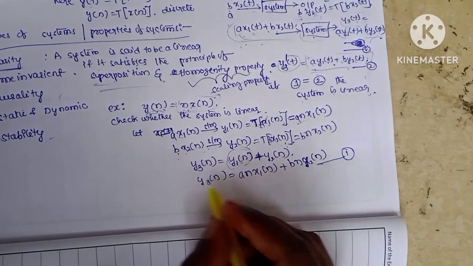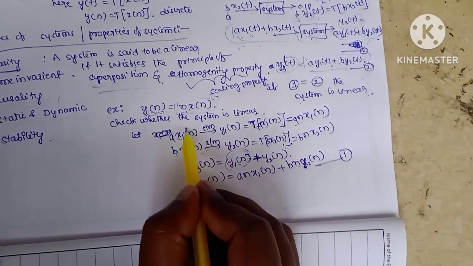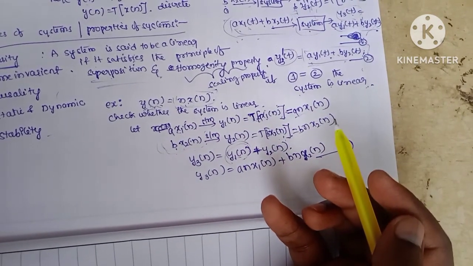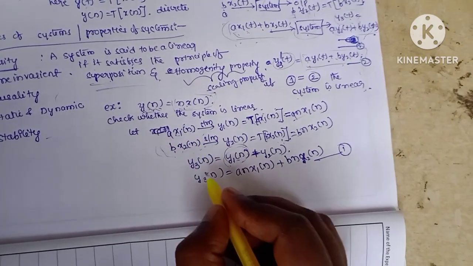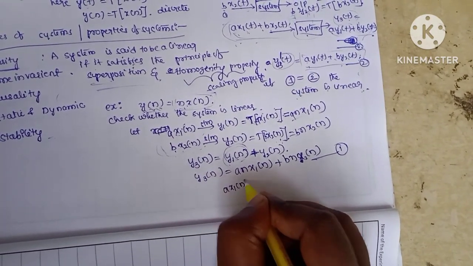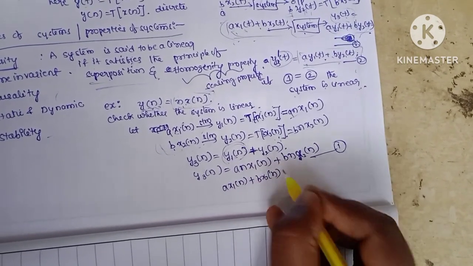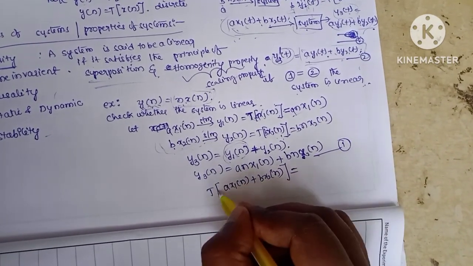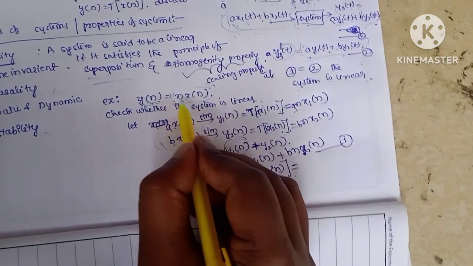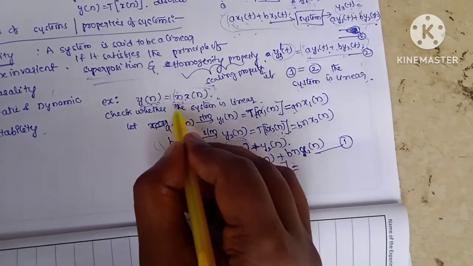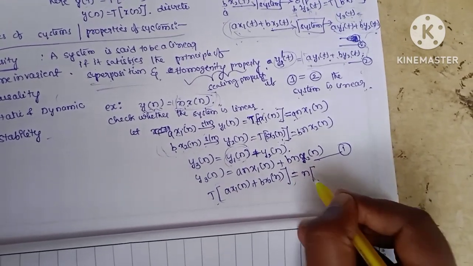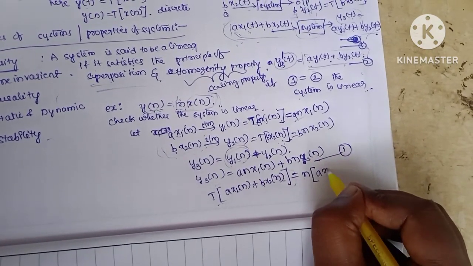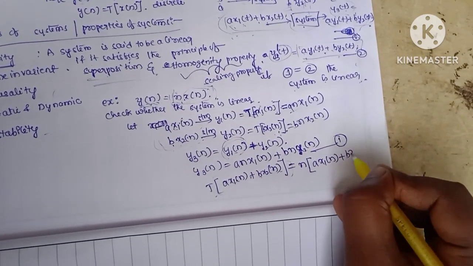Then we should combine the inputs and pass them through the system, and we will get one response. So let us combine first a x1 of n plus b x2 of n, and pass it through the system. What output will we get? We should compare with the output response and write n into x, where x is a x1 of n plus b x2 of n.